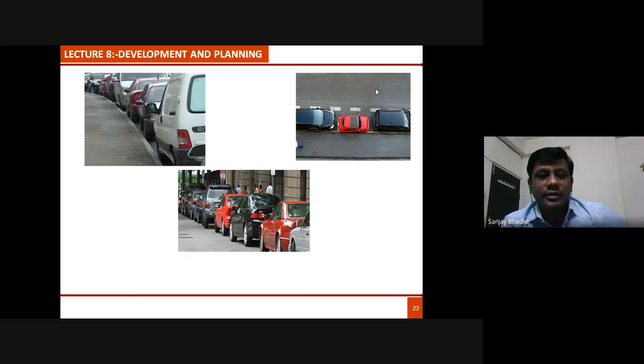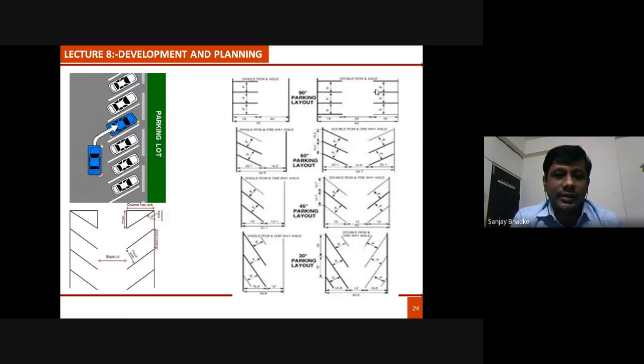You can see in the figure the various cars are parked in one line of action to reduce the traffic flow problems on the road. So here are the various patterns of parking.